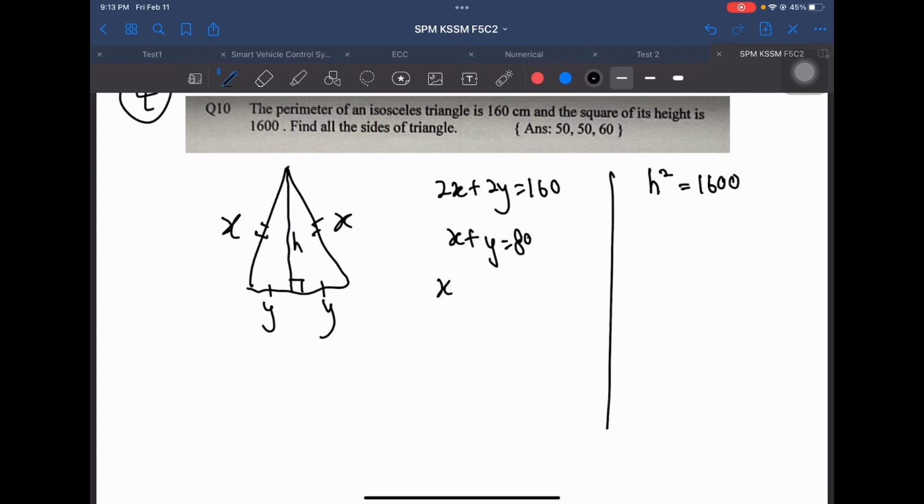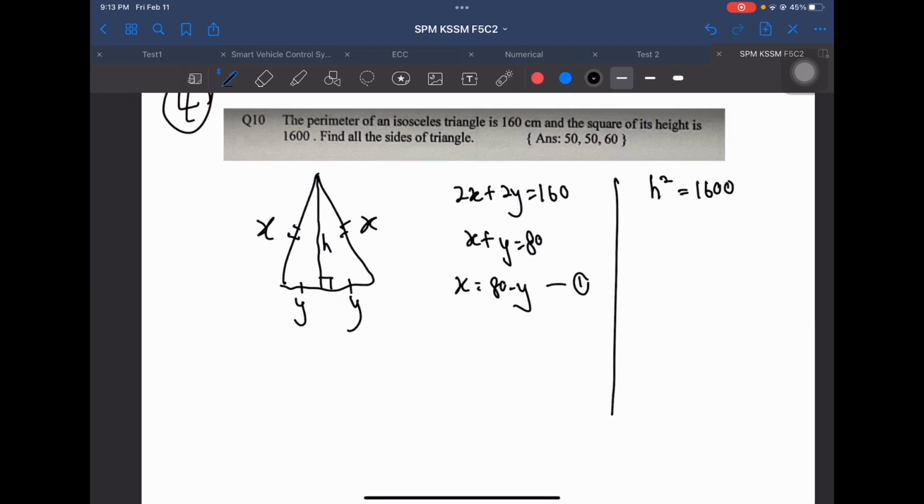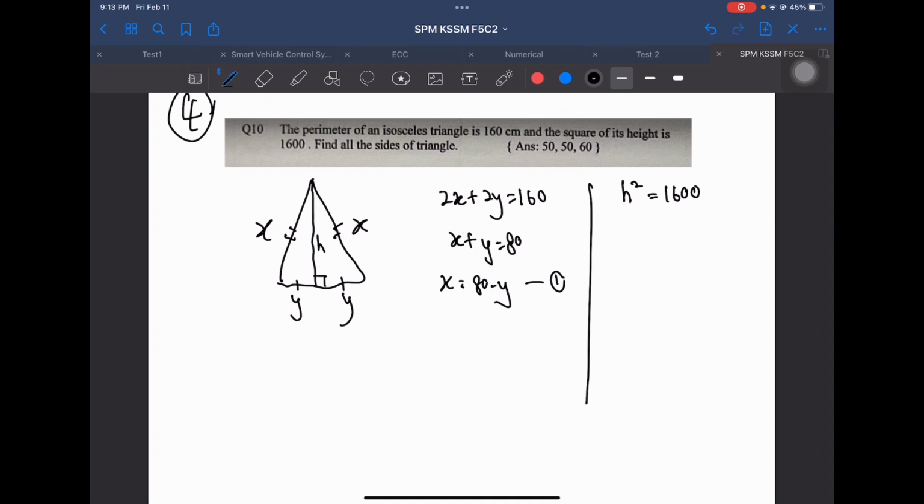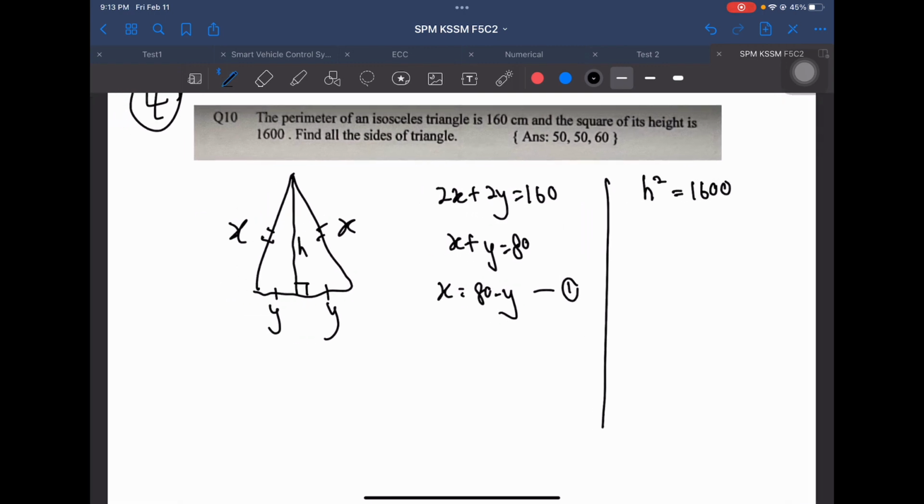So you get x in terms of y, first equation, and then here you get h squared equals 1600. Now what else can we do so that we get a second order polynomial equation? You need to relate it. Now you see a right-angled triangle here, right? What comes to your mind?